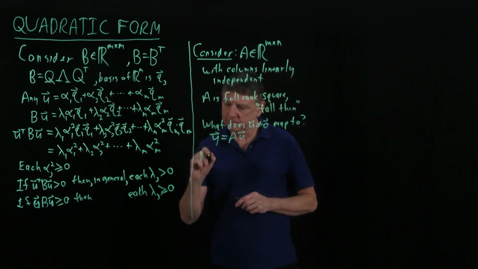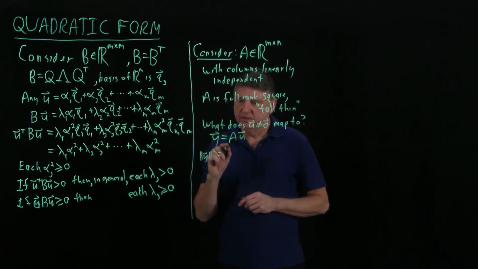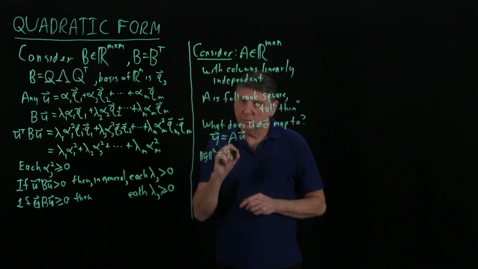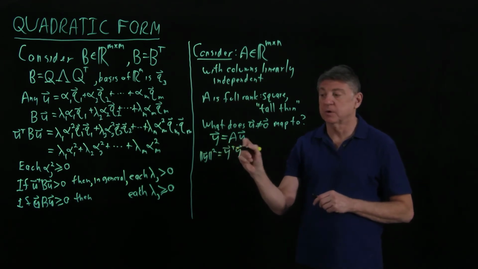The norm of y squared is y transpose y, because the norm of y is the square root of this.